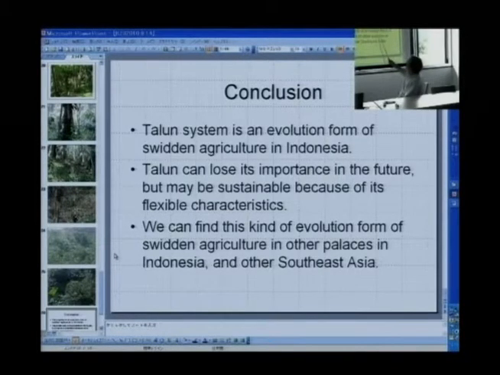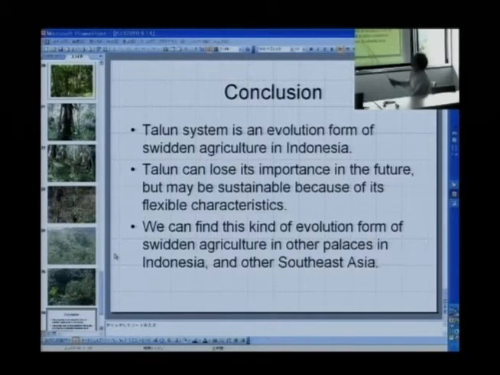The talun system is an evolution form of agroforestry in Indonesia. Talun can lose its importance in the future, but maybe it is sustainable because of its flexible characteristic. We can find this kind of evolution form of agroforestry in other places in Indonesia and Southeast Asia.